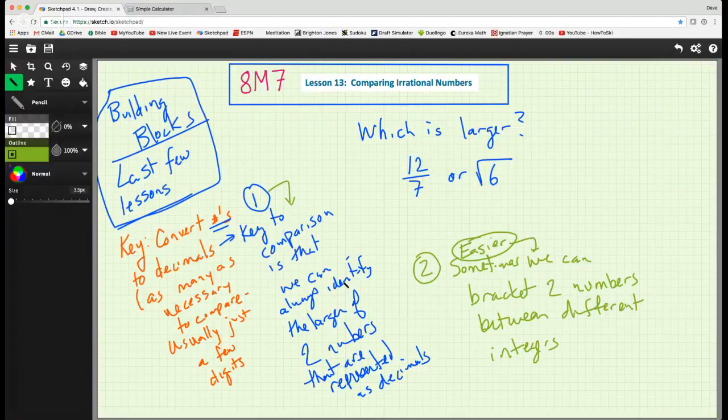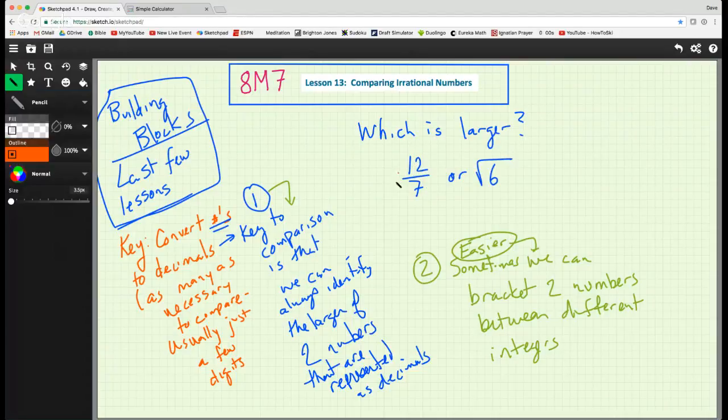Okay, so let's look at some examples where we do the easier thing. Let's look at this easier one. We ask, which is larger, 12/7 or the square root of 6? Well, we could try to turn these into decimals, which is going to be harder.